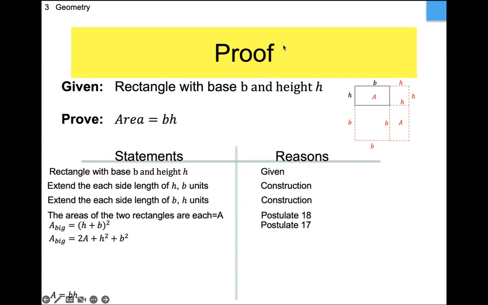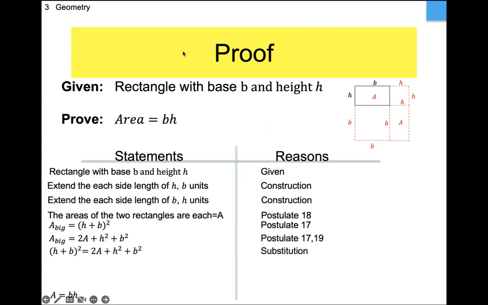The area of the big one could be written as the quantity H plus B, squared. It also could be written as 2A plus H squared plus B squared. If you have two statements, and this is postulates 17 and 19 combined, that both say area of the big square, then by substitution I can set them equal to each other, and that's what I did.